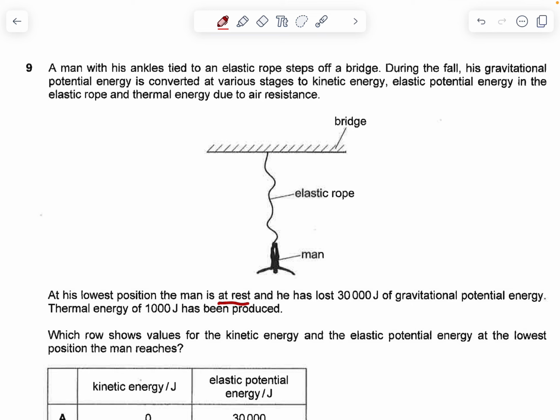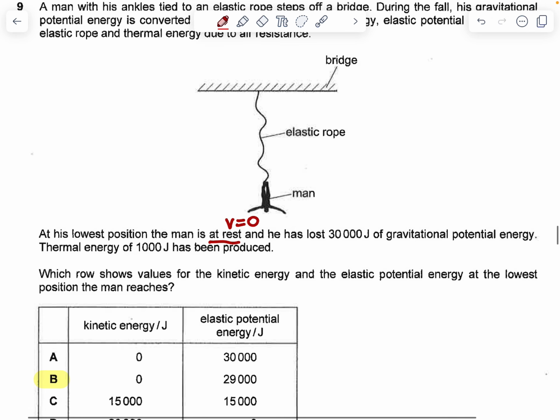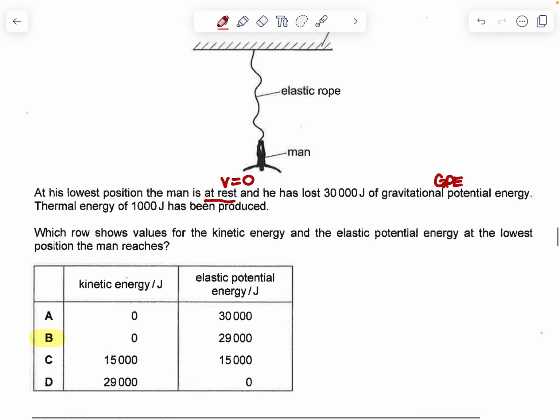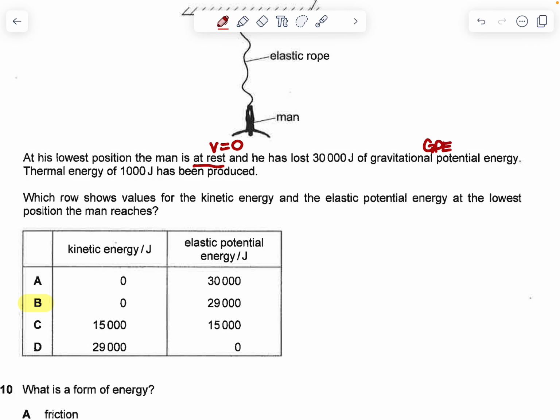So at rest means velocity equals 0. And he has lost 30,000 joules of gravitational potential energy, and thermal energy of 1,000 joules has been produced. Okay, so this is GPE here. Which row shows the values of the kinetic energy and elastic potential energy at the lowest position the man reaches?